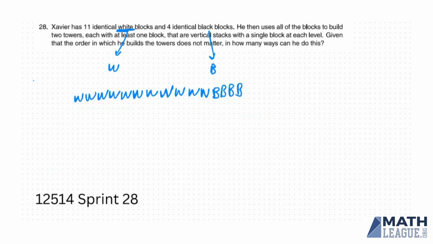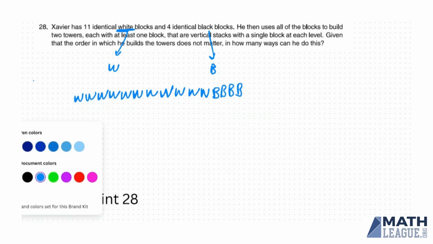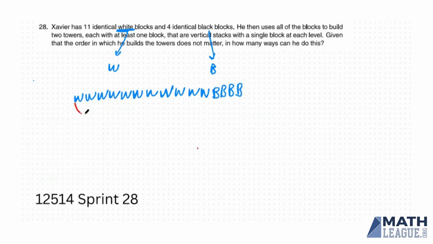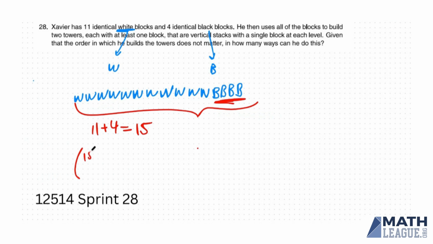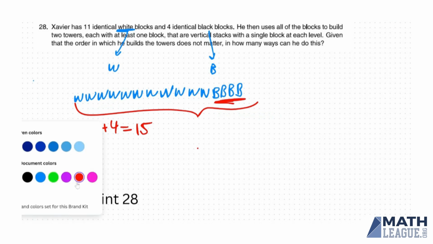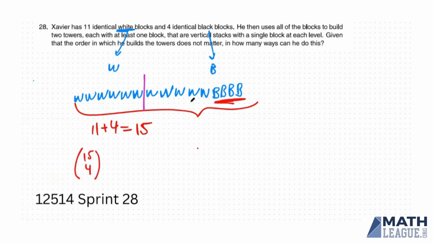Now, the way that we can do this for 2 towers is actually very similar, because we're just going to say that Xavier gets to order these blocks. We have a total of 11 plus 4 is 15 blocks. We have to choose 4 of them to be black, so that can be done in 15 choose 4 ways. But after ordering the blocks, Xavier then has to choose 1 point to divide that sequence of 15 blocks into 2 shorter sequences, each of which has at least 1 block.